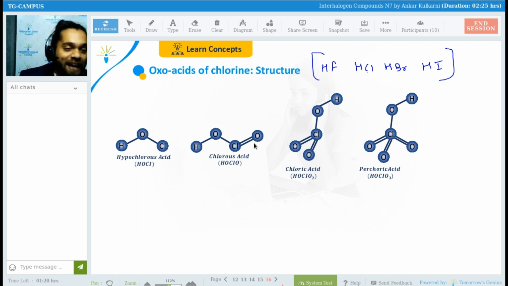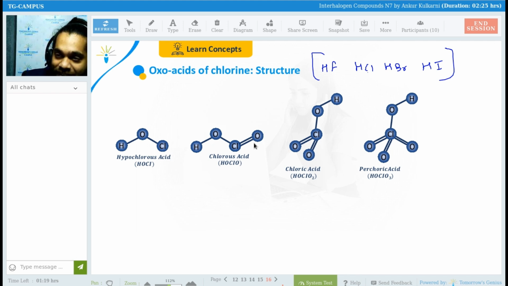Sindhuja, Prashanti, Sashidharan, which is the strongest acid among this? HF, HCl, HBr, HI, which is strongest? It is HI. Sarjana, this is the third time you are telling me the answer HF.